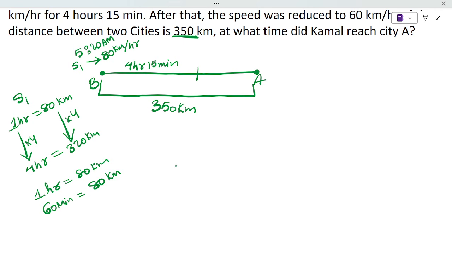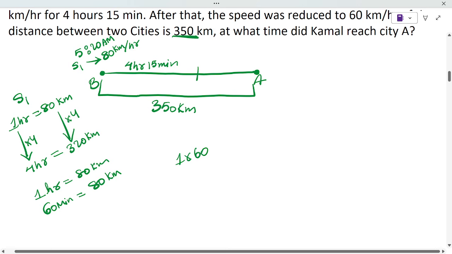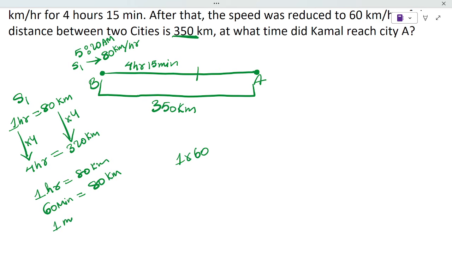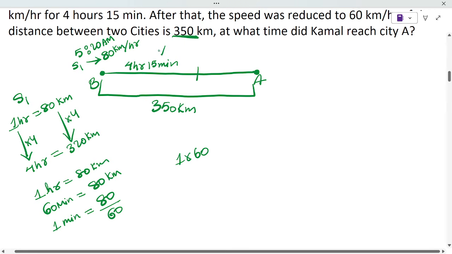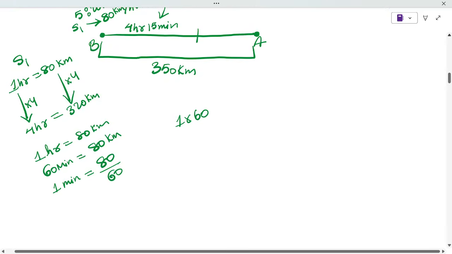So 1 into 60 is 60 minutes. We keep 1 minute on one side, and on the other side 60 is divided out, giving 80 by 60. We are doing this to find the 15 minutes. 1 into anything is anything.